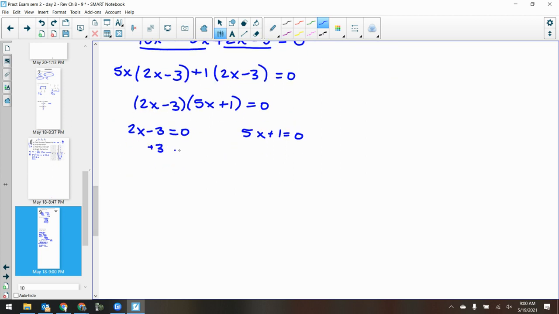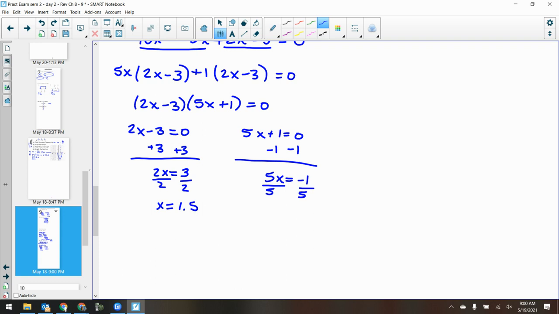You add the 3, 2x is equal to 3, and I divide by 2. X is equal to 1.5. I subtract the 1. I get 5x is equal to negative 1. I divide by 5.